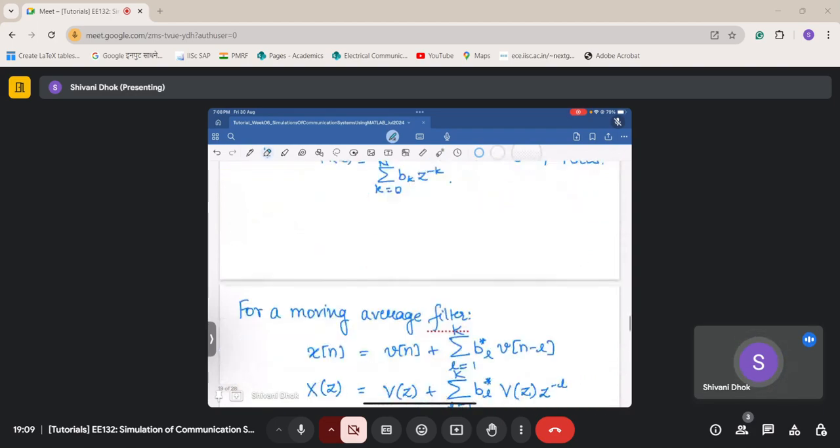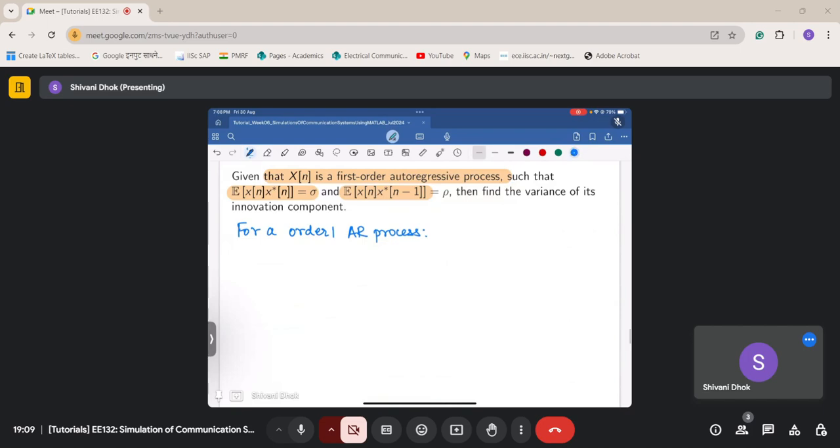Expectation of magnitude of x of n square is equal to mod a square into expectation of magnitude of x of n minus 1 square plus variance of the innovation component, v of n, where x of n equals a times x of n minus 1 plus v of n.